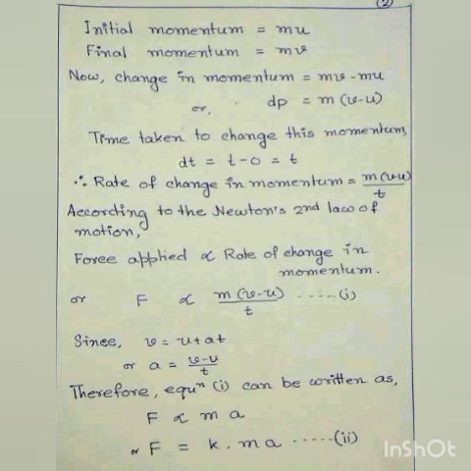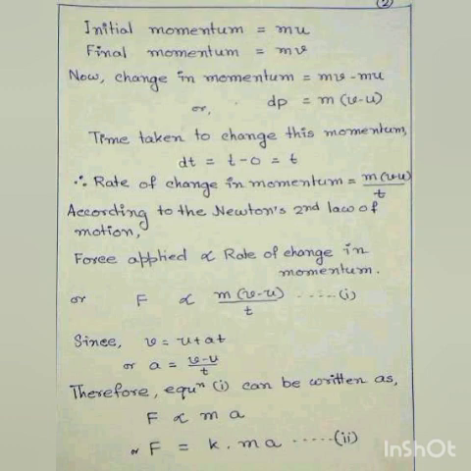Now what is the amount of change in momentum? Change in momentum is equal to mv minus mu, that is dp, or change in momentum is equal to m into v minus u. So we have derived the amount of change in momentum.